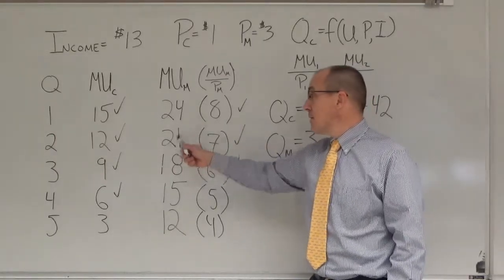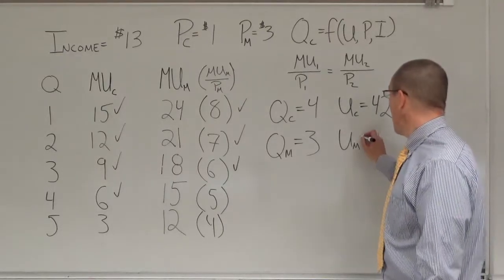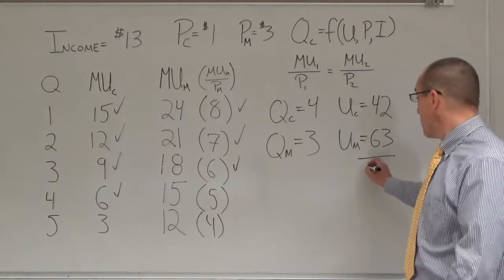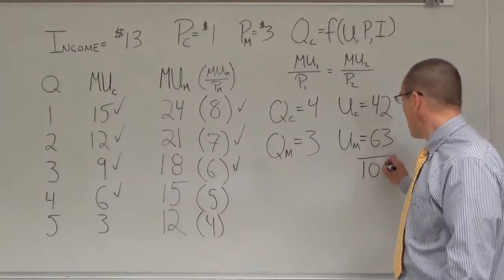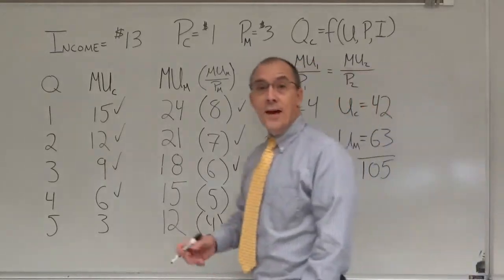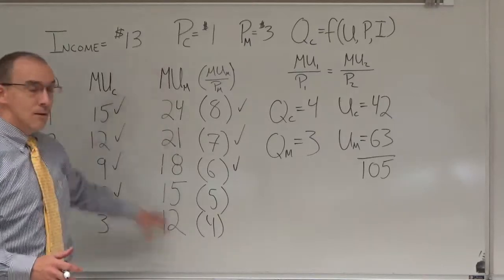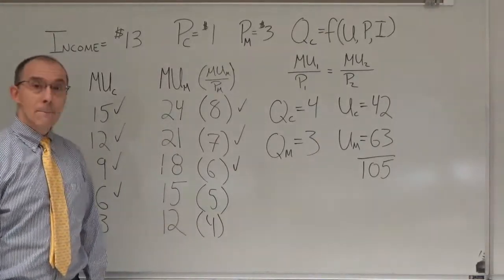We sum up these: 24, 21, 18. This gets us to 63. Putting this together, his total utility will be 105. That's how much utility he can get from spending his $13, based on how he values milk and cookies.